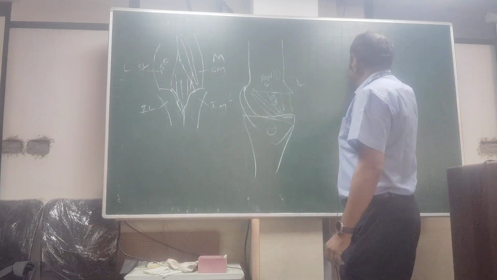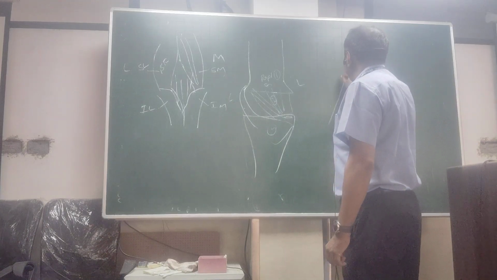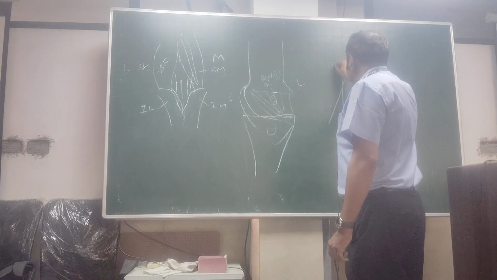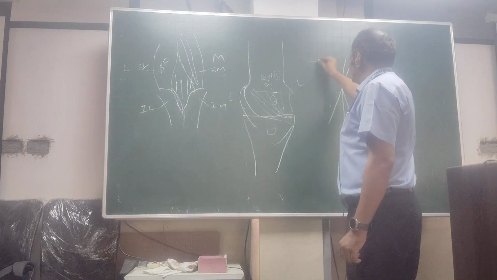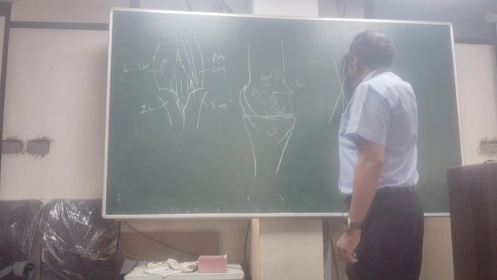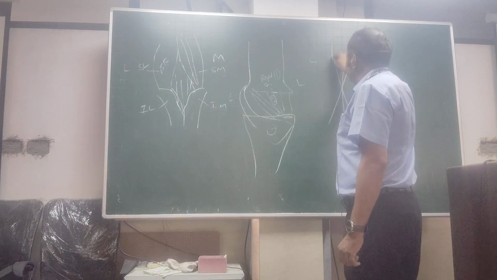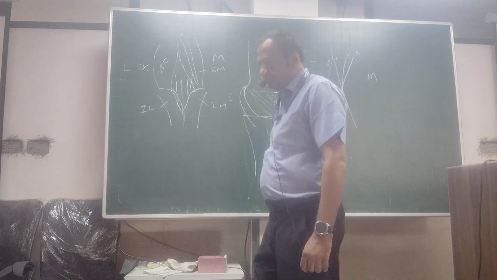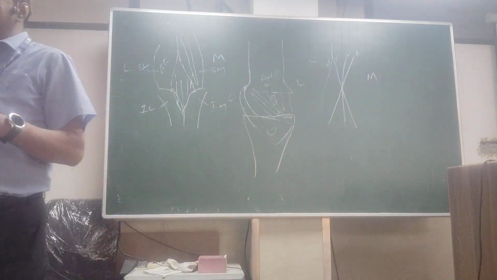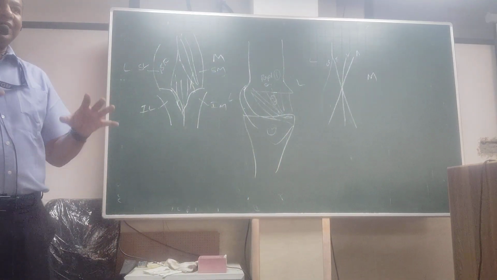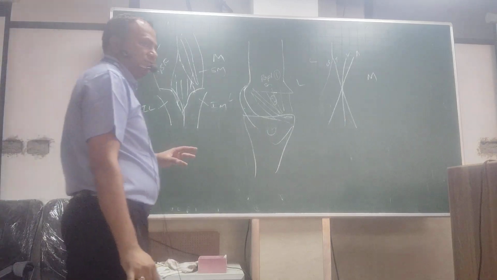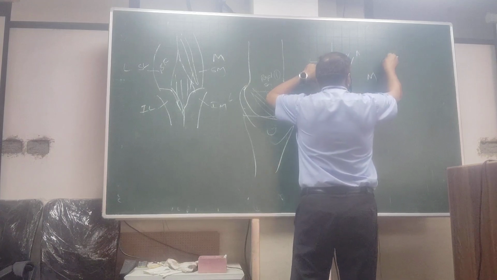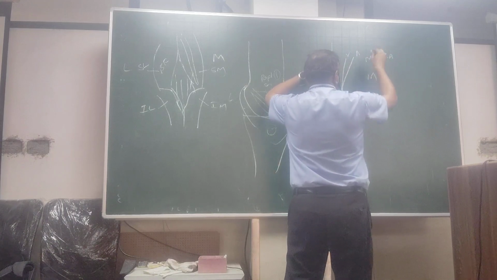You have to draw lines from medial to lateral: 1, 2 and 3. Artery, vein, sciatic nerve; here the sciatic nerve is dividing into tibial nerve and common peroneal nerve. This is the characteristic thing in the popliteal fossa. In the upper one-third, from medial to lateral it is artery, vein, nerve.